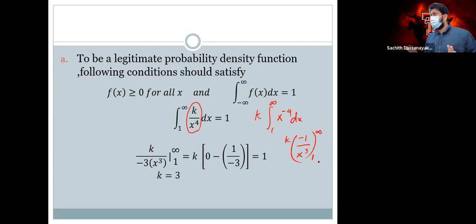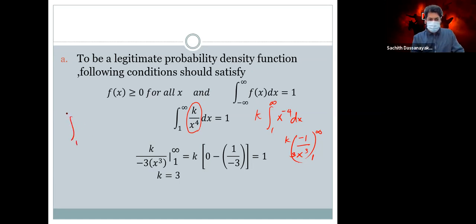Clear? Integrals, okay? Because it is x to the power n plus 1 divided by n plus 1. Here n is negative 4, so n plus 1 means negative 3. That's why this becomes like this. Do you remember that? Do I need to remind you how to do the integrals? No, right? Okay.